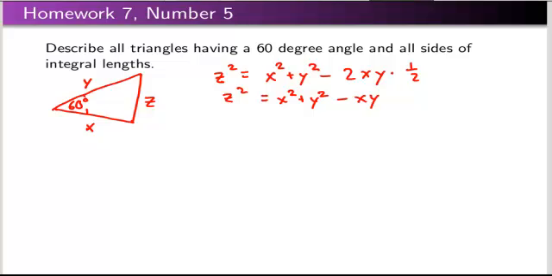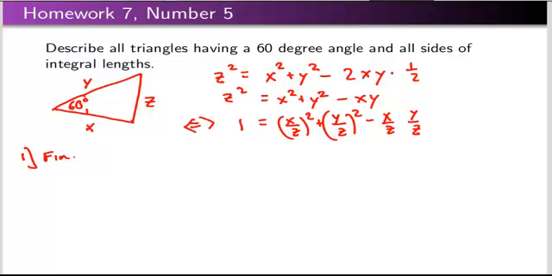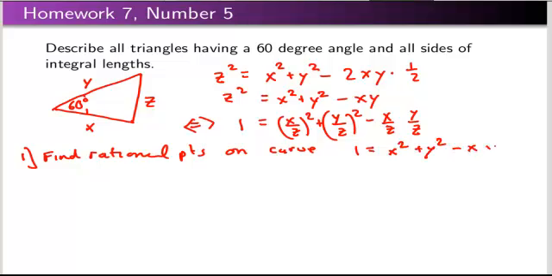Find the rational points. So I'm going to divide through by z squared, like this. And so step one is we want to find the rational points on the curve 1 equals x squared plus y squared minus xy.